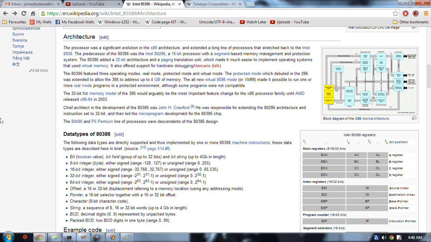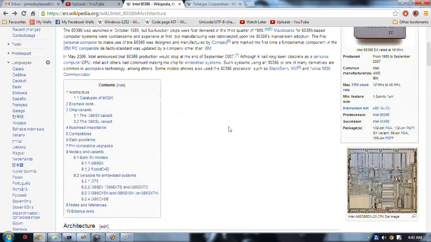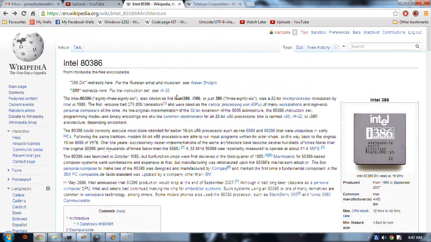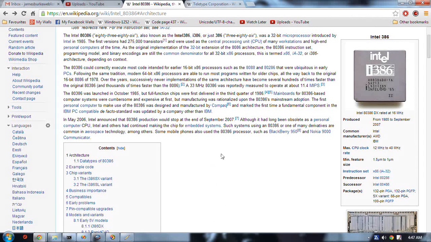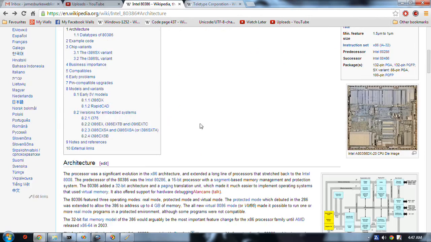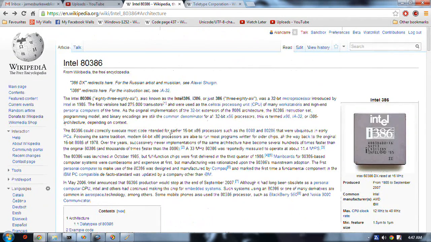It now has, at this point, support for virtual addressing, paging, all of the things that existed in these supercomputers, but were inaccessible to the average person. I mean, the 386 came out as a commercial product, right, for a consumer, not as something to be sold to a corporation.